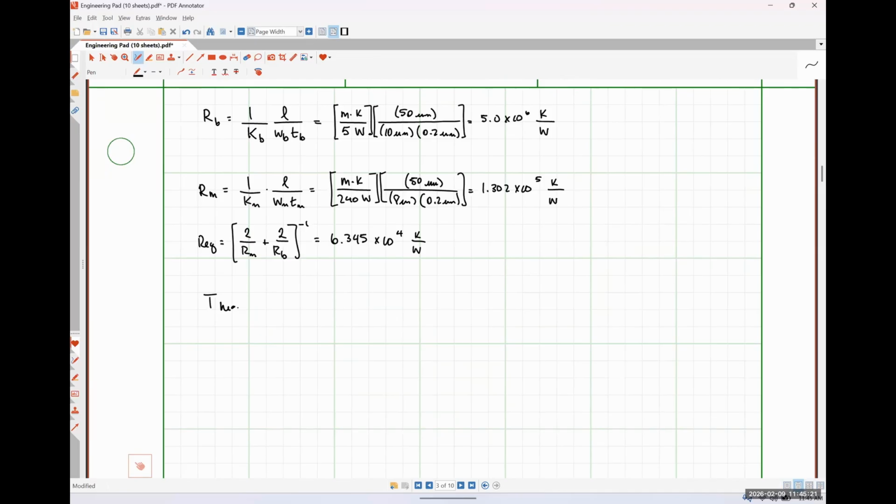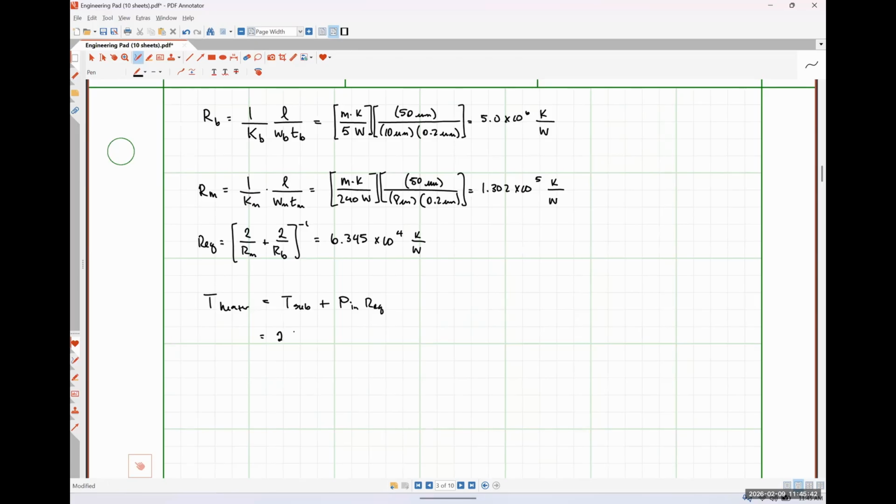And so using this value, the temperature of our heater is simply going to be the temperature of our substrate plus our input power times our equivalent thermal resistance.